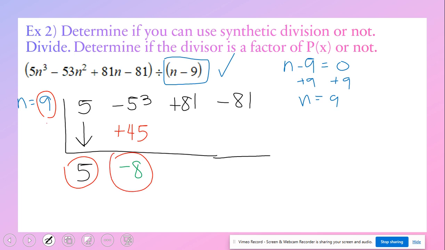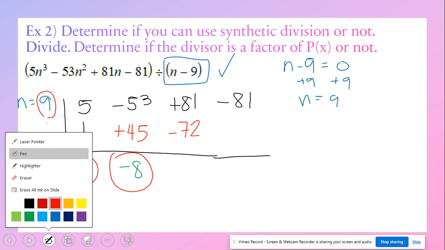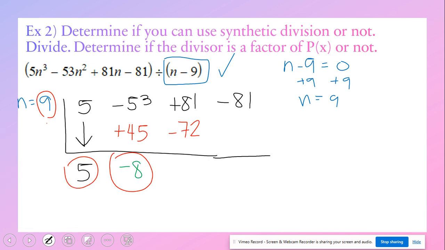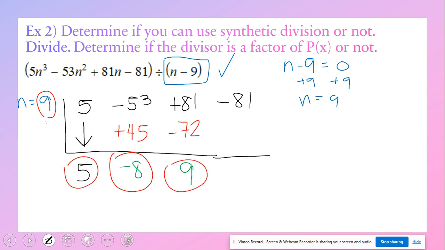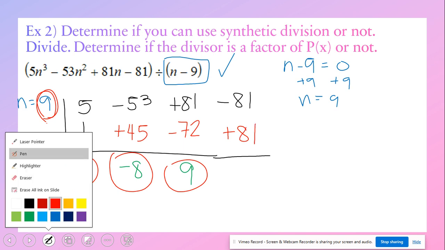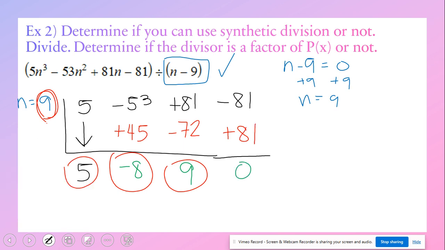Negative 8 times 9 is negative 72. Now I can add vertically. Positive 81 minus 72 is 9. Now I can say, what is 9 times 9? That's positive 81. And negative 81 plus positive 81 gives me my remainder of 0.